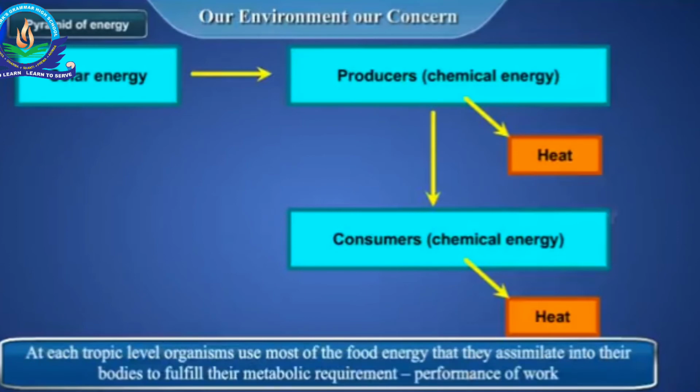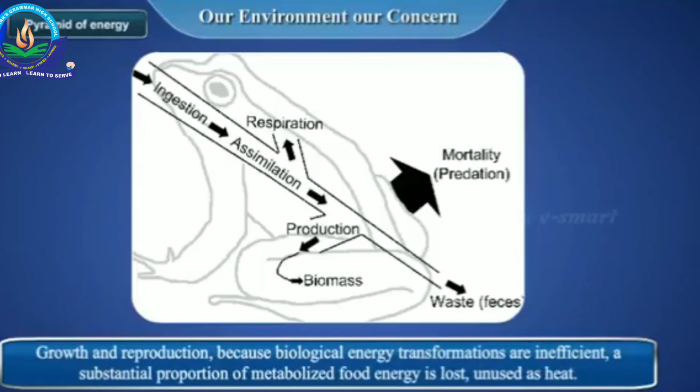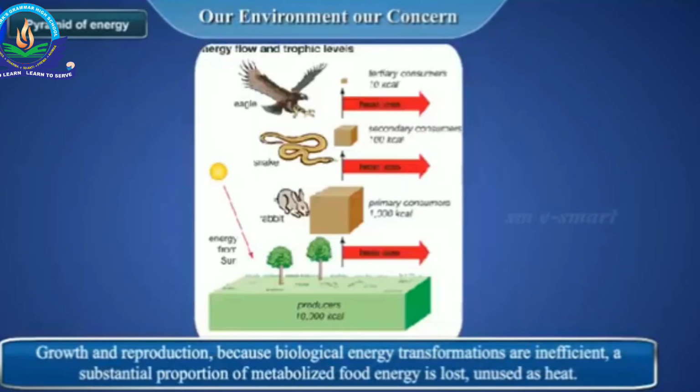At each trophic level, organisms use most of the food energy that they assimilate into their bodies to fulfill their metabolic requirements, performance of work, growth, and reproduction. Because biological energy transformations are inefficient, a substantial proportion of metabolized food energy is lost, unused, as heat.